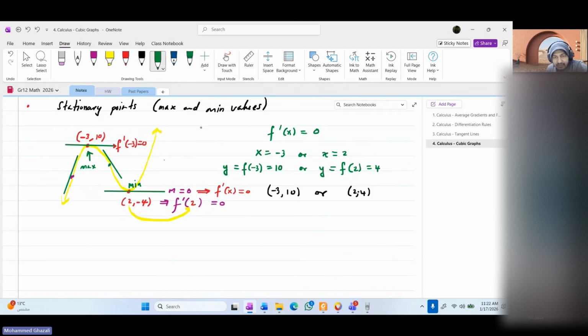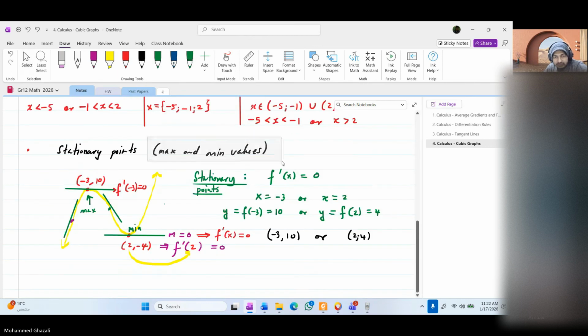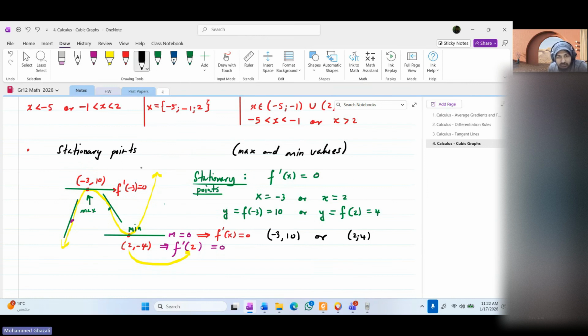So what is f prime x equal to 0? That's to find stationary points. Another word for stationary points is also critical values. We can also call it critical values.